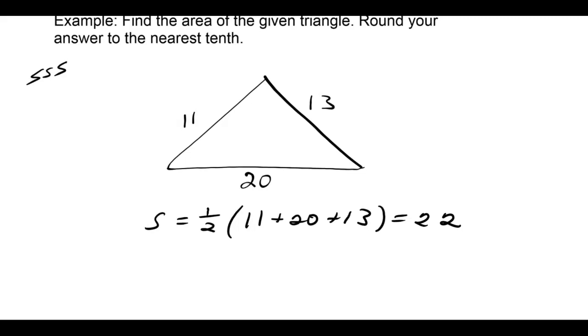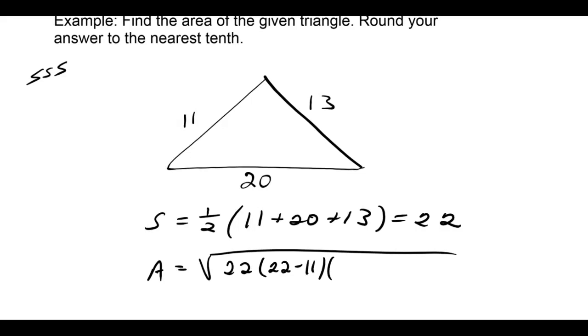So we've got s. So the area is going to be the square root of 22 times 22 minus 11 times 22 minus 20 times 22 minus 13.